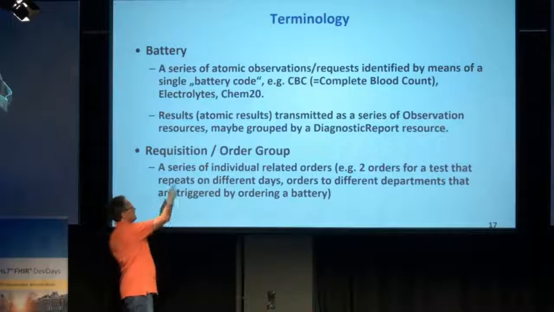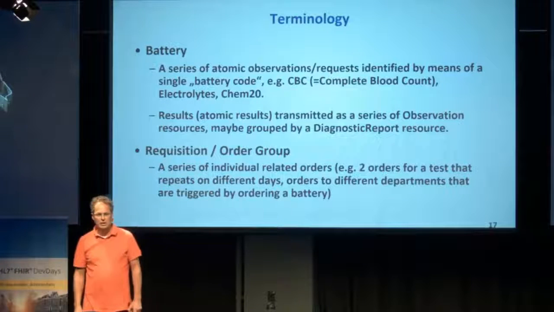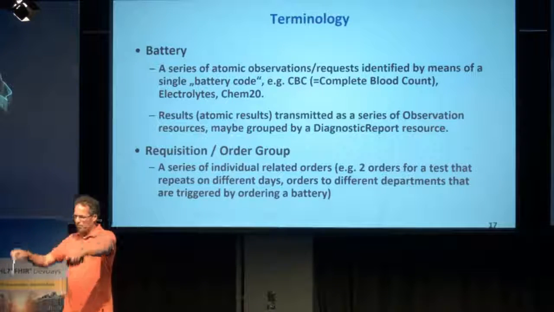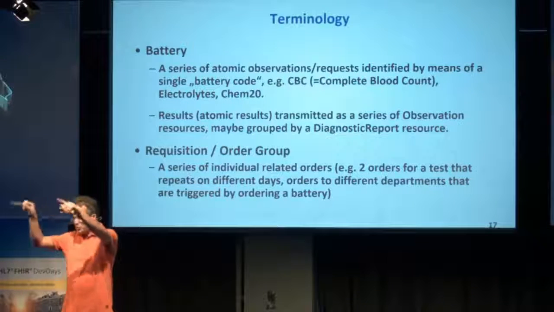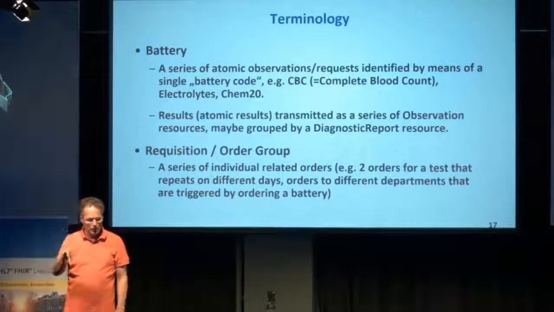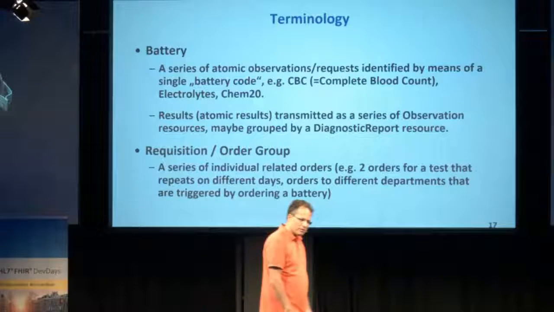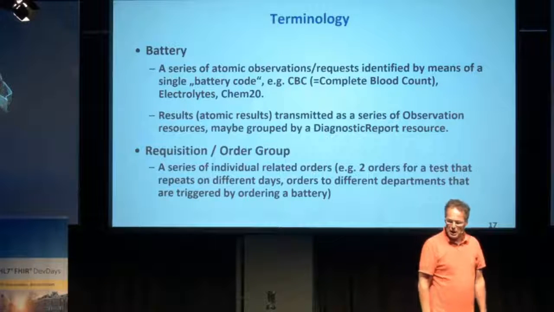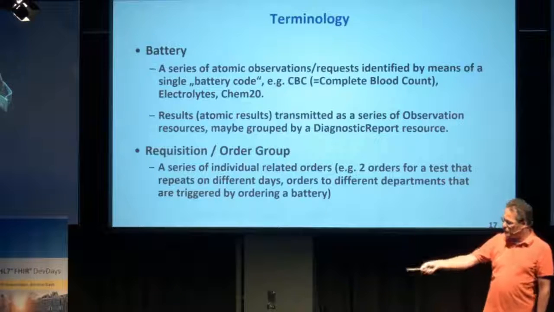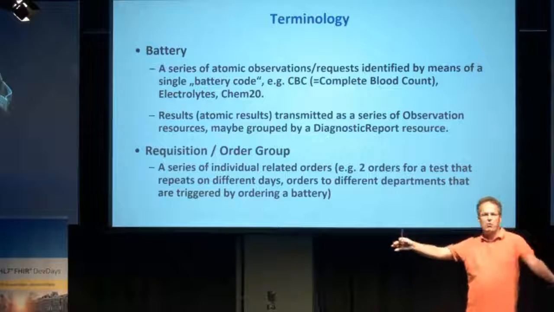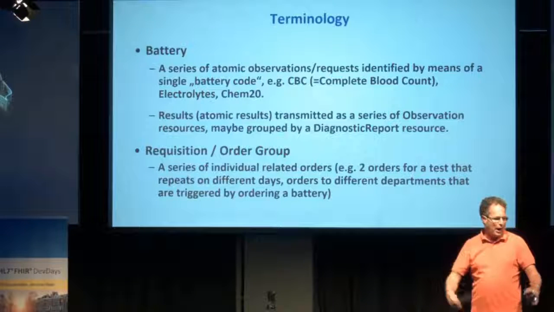Plus, at a higher level, you may have something called an order group. Because the form that you are ordering these laboratory tests on is actually a grouper of multiple orders. Or think of the use case where in the emergency department they have a predefined list of things to do when the patient is delivered into the emergency department, let's say with a car accident with head trauma.